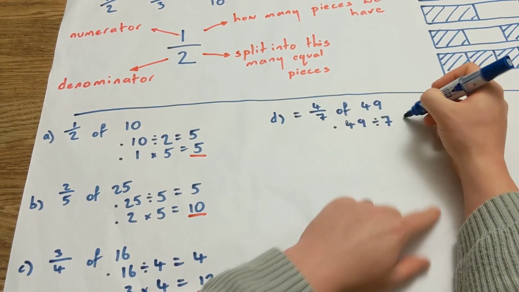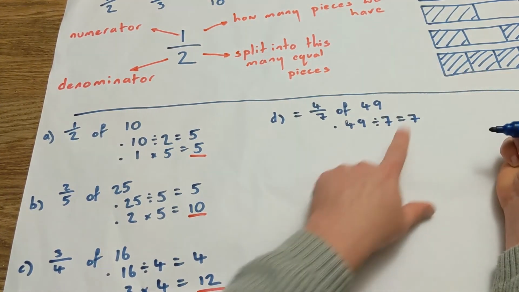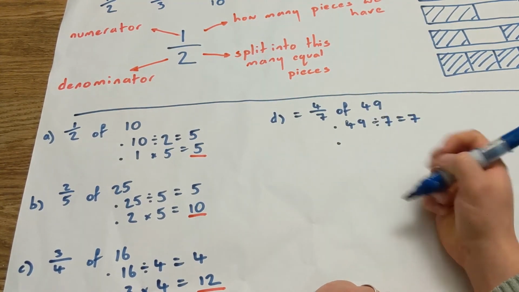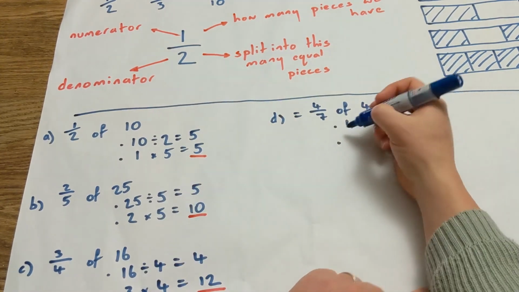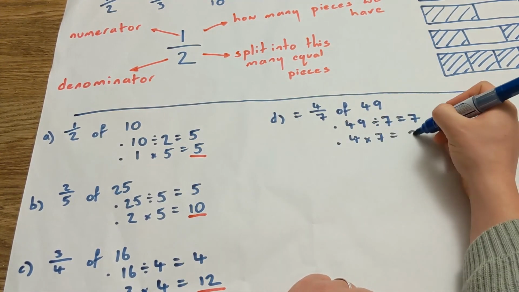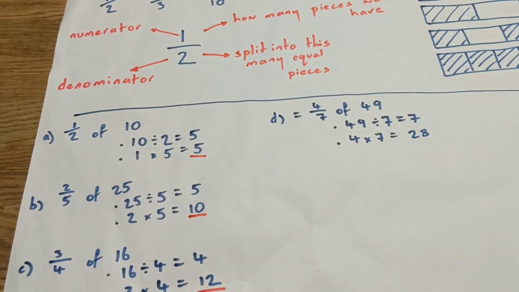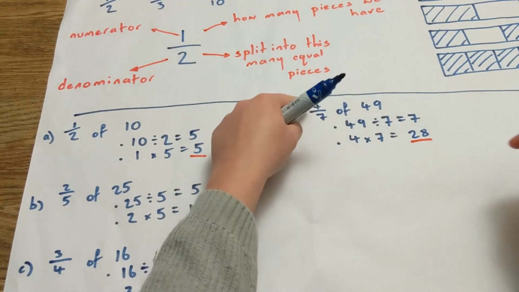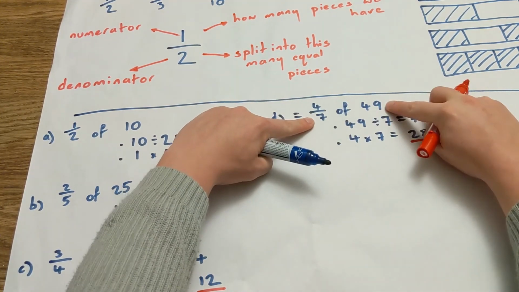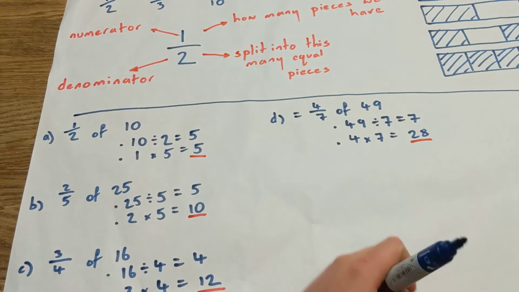So 49 divided by 7 equals 7. That's how big each piece is. Next step is to work out, if I have 4 pieces of it, I do 4 times 7 equals 28. So 4/7 of 49 equals 28.